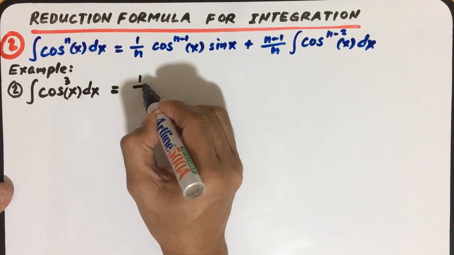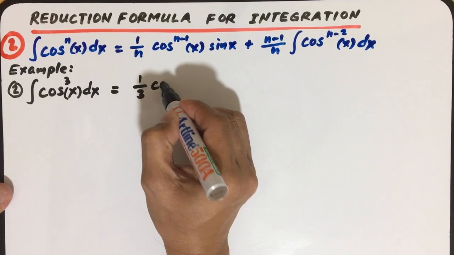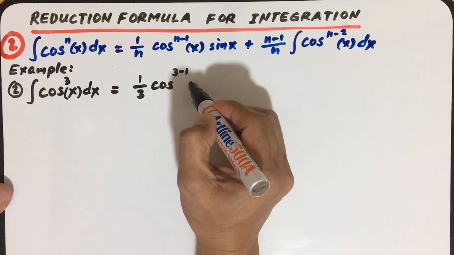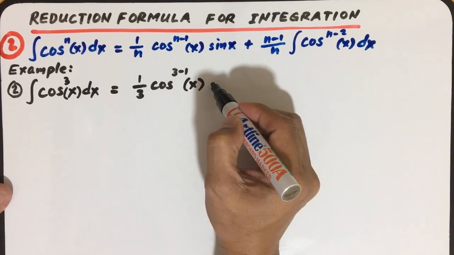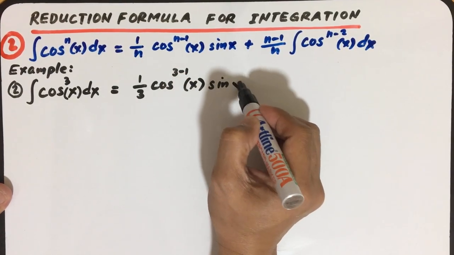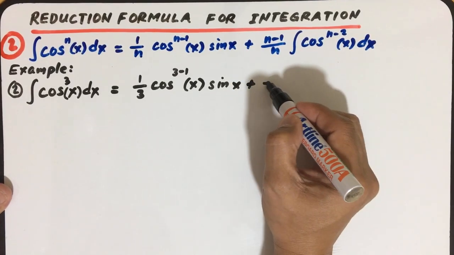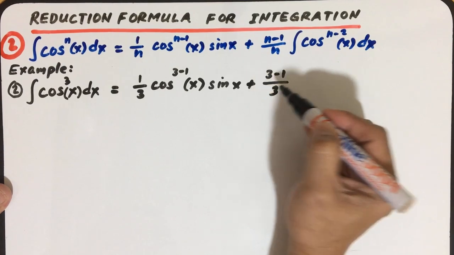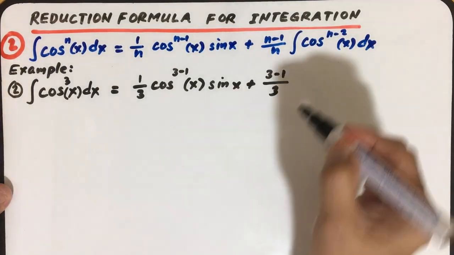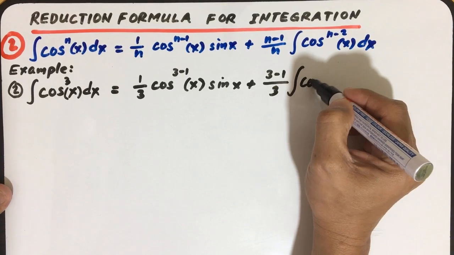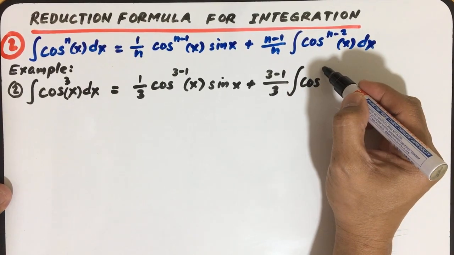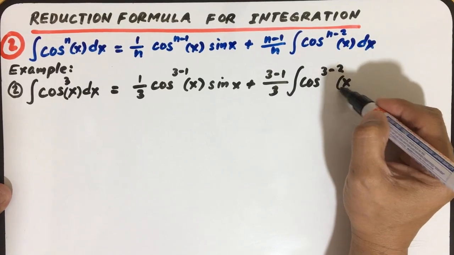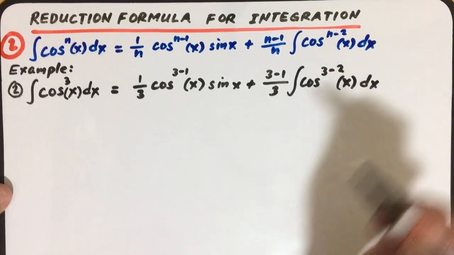So 1 over 3. Then cosine, our n is 3 minus 1, then x. Then sine x plus n minus 1, or 3 minus 1 divided by n, which is 3, times the integral of cosine n, where n is 3, minus 2 x dx.